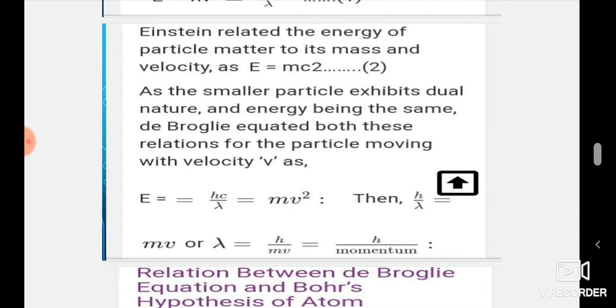As the smaller particle exhibits dual nature and energy being the same, de Broglie equated both these relations for the particle moving with velocity v. According to Planck's equation, E equals hc upon lambda, and according to Einstein's equation, E equals mc square, or we can say mv square.